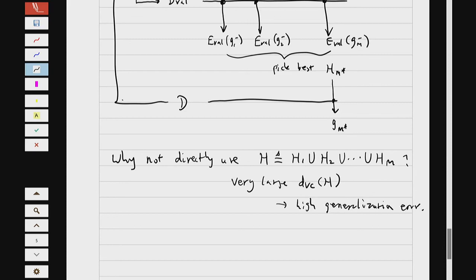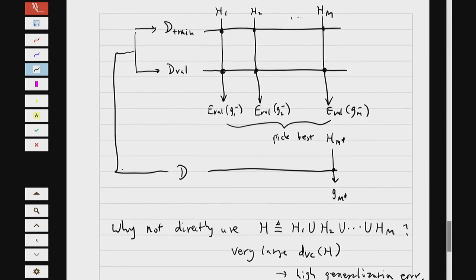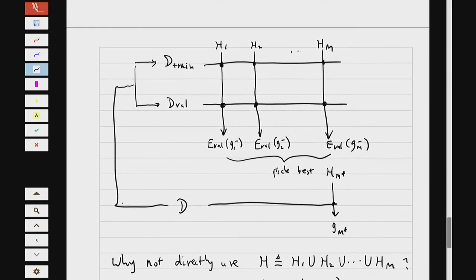This is different from picking the best one by validation, which uses the best validation error. Here you pick the best E_in. There's no validation here.